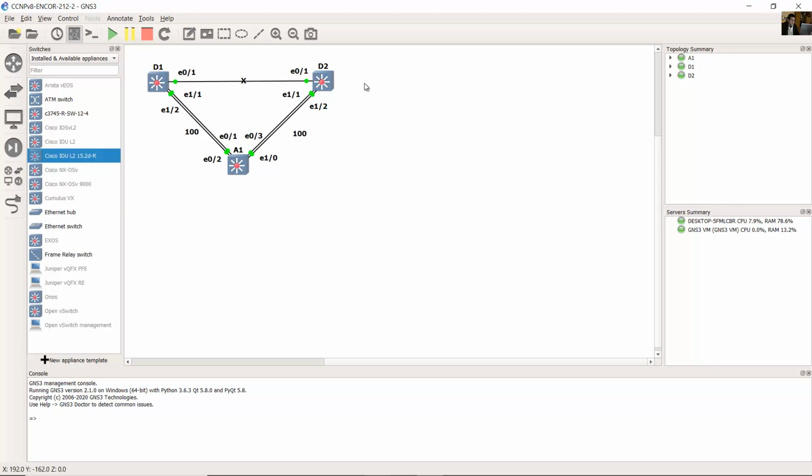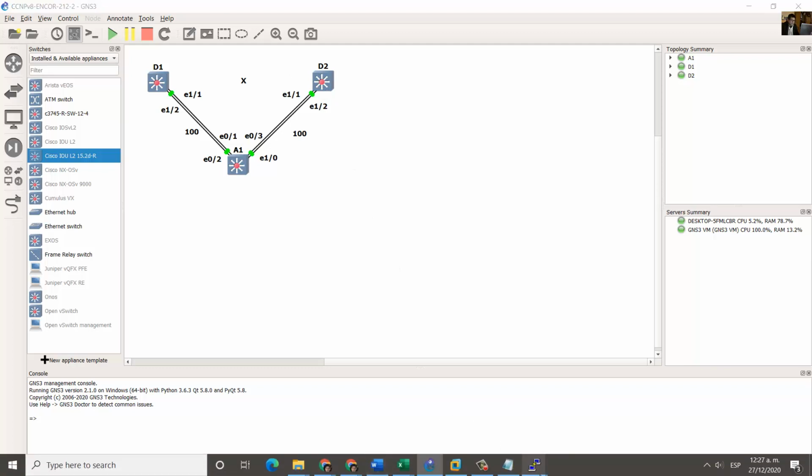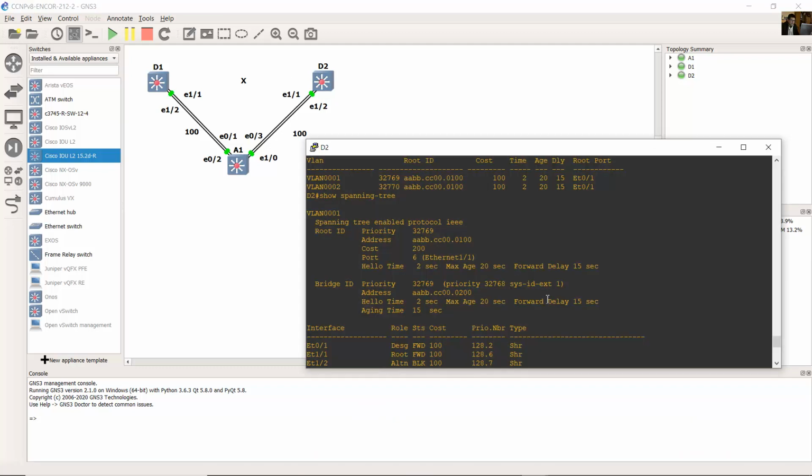Okay, so on GNS3, if you shut down Ethernet 0/1, it's better to remove the link. Remove the link. Okay, and now go to D2.